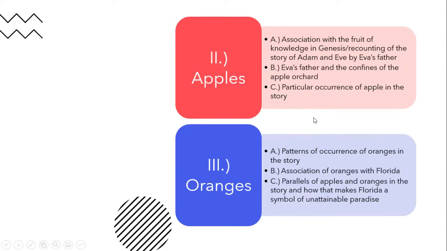So we're using one topic to better understand another. And that's why, by firmly establishing the symbolic relationships of the apples to the characters and setting in the story and to these themes, we can look through our lens and better understand these subtler symbolic relationships.